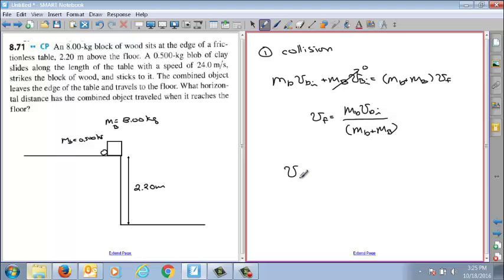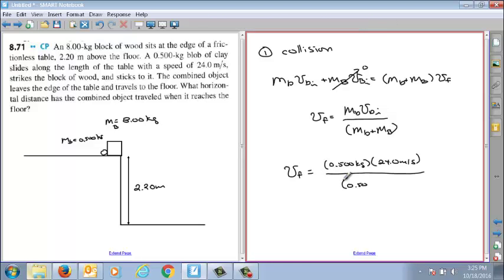So the final velocity of both of them, so we don't need an extra subscript, is equal to the mass of the blob, which is 0.500 kilograms, times the velocity of the blob, which is 24 meters per second, divided by the sum of the two masses.